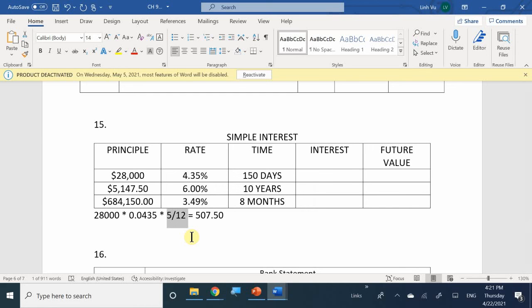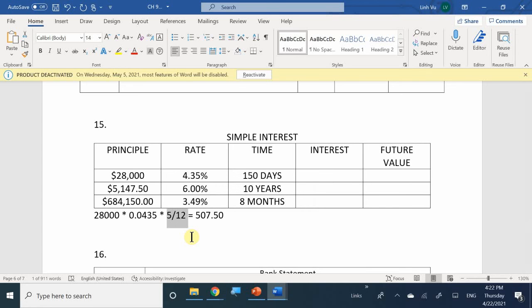Even if you took 5 divided by 12, that should give you 0.4166666667. I multiplied it by the rate of 0.435, and I multiplied it by the $28,000, you should still get 507.50. So no matter where you calculate your time, it doesn't matter whether you use decimals.